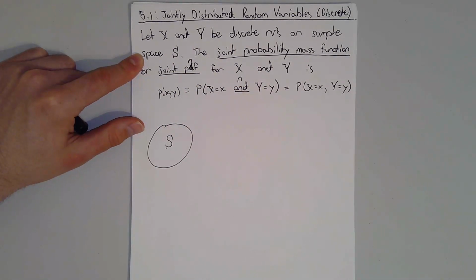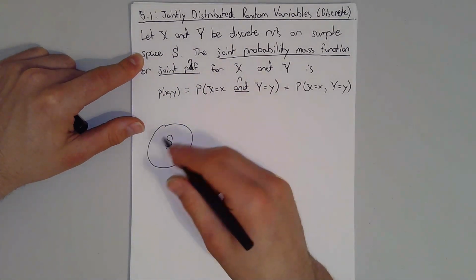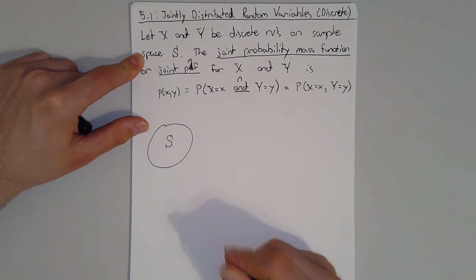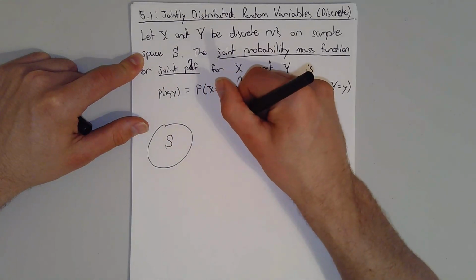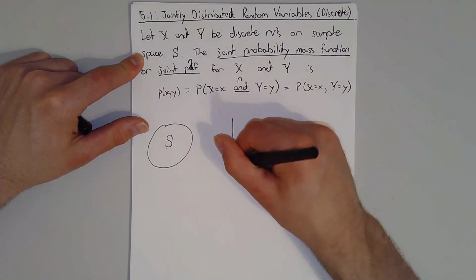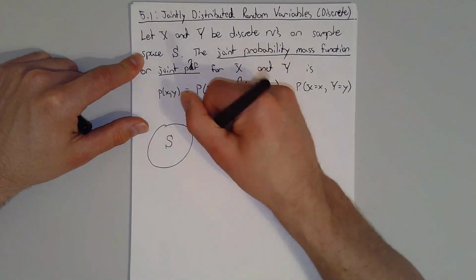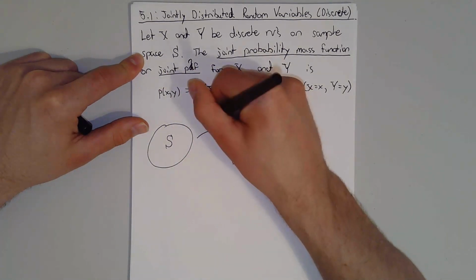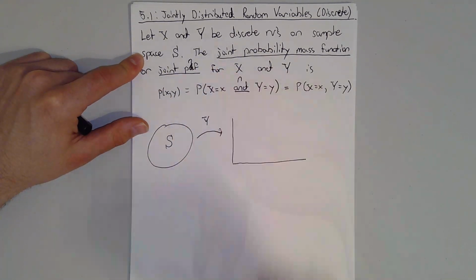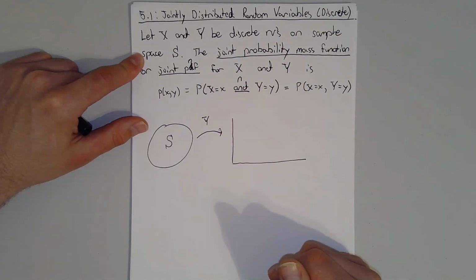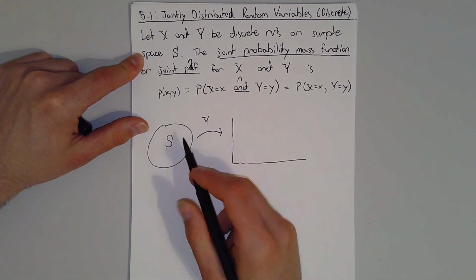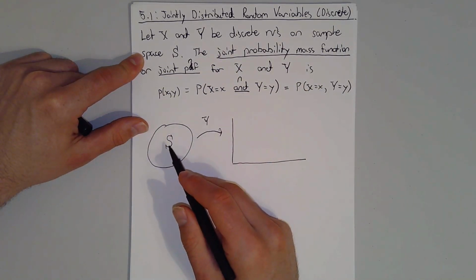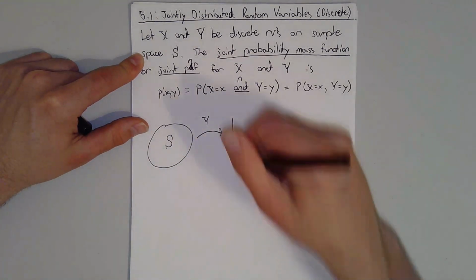We have our sample space S, which is just our collection of outcomes to some experiment. Now, a random variable is defined as a function. So it's a function that takes inputs that are outcomes from the sample space and outputs that are real numbers.